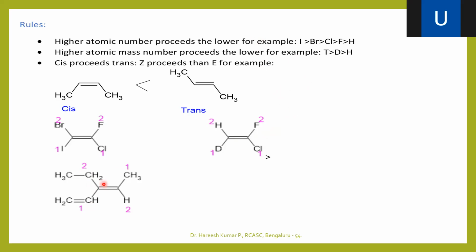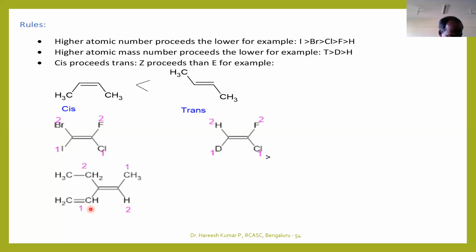Then, if we are looking into these two moieties, between these two you can observe that there is a carbon-carbon double bond, and here there is a CH2. That means there is a saturated one. What it means is that a double bond takes the first priority compared to the saturated, single bond.